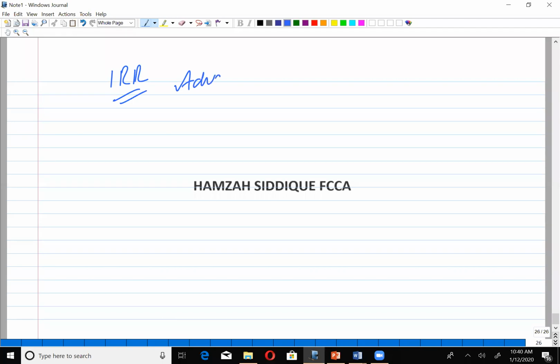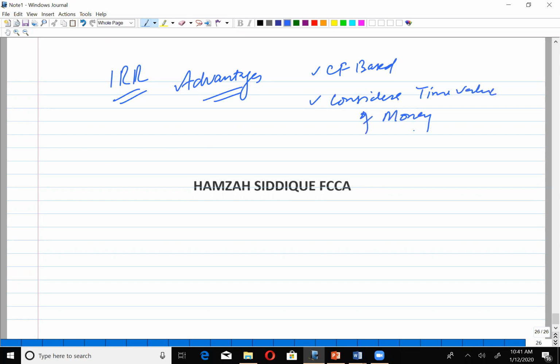Advantages of IRR: first of all, it is cash flow based, and it considers the time value of money. But the drawbacks are more challenging.